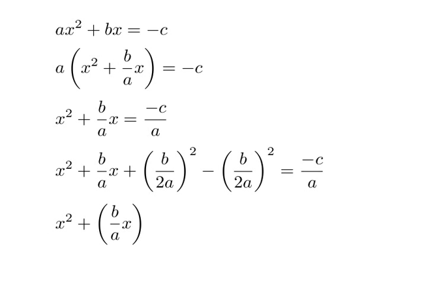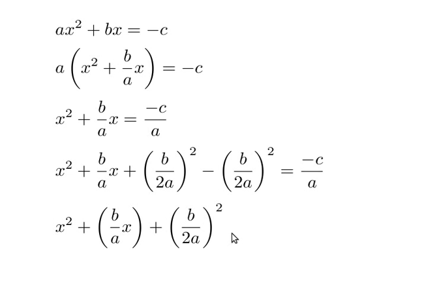So plus b over 2a quantity squared equals negative c over a plus b over 2a quantity squared, b squared.